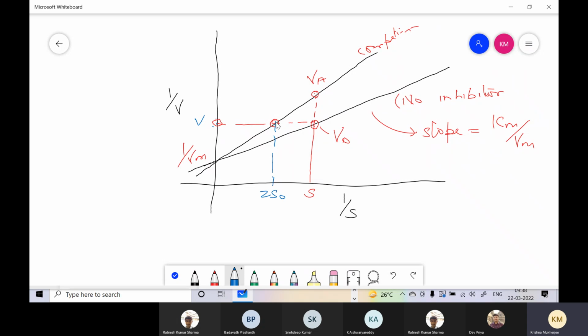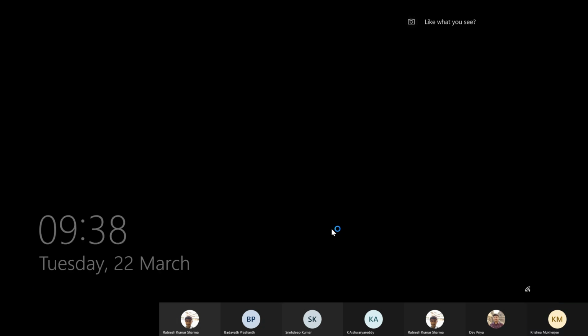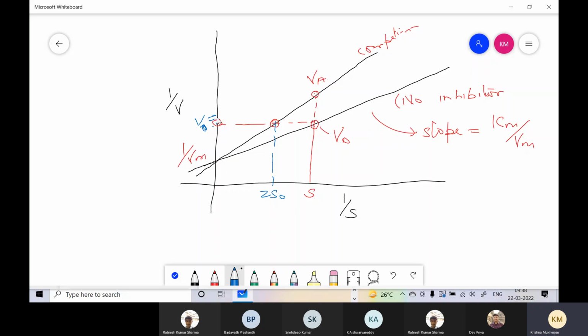If you draw a line like this, you go towards the same V. If you draw a line like this, you go towards the same A. So at 2S naught, this V is V naught, which is also equal to VA star, which is also equal to VB star. Now this is VA star, the same velocity as V naught, but the substrate concentration is double. But it's also equal to VB star. But notice that for VB star, the line has a slope like this.